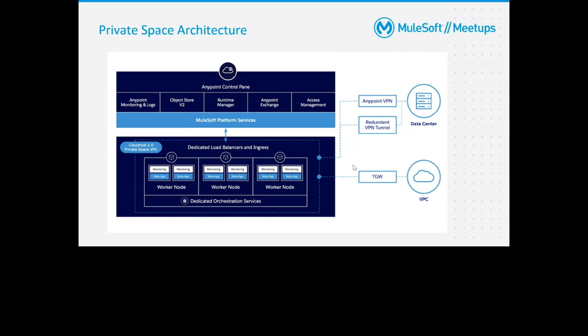In Transit Gateway, you can connect one private space which you have created to multiple different private networks, data centers, or any virtual private cloud. So these are the two concepts which can be used to connect your private space to a private network.